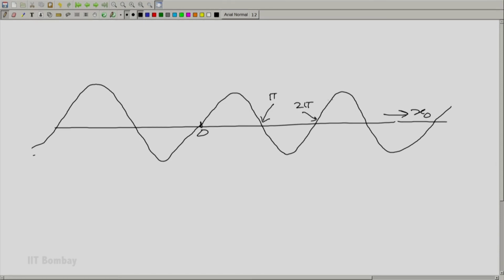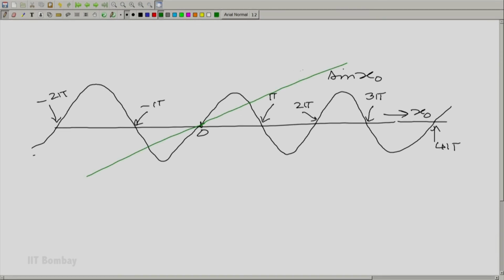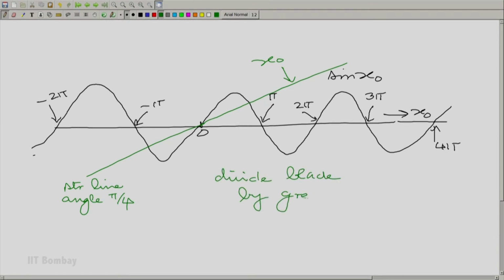So, this is at pi, every multiple of pi. This is sin x0. And on the same graph, we could draw x0 itself. So, x0 is like this, a straight line with an angle of 45 degrees or pi by 4, and we divide the black by the green.